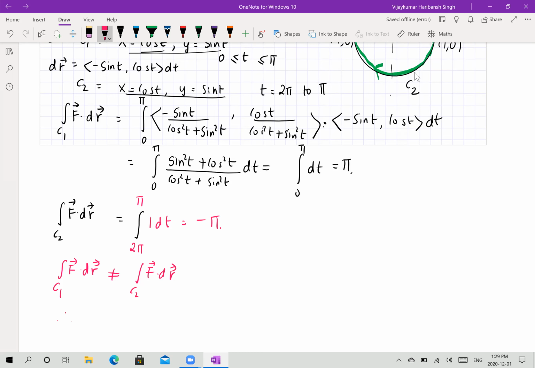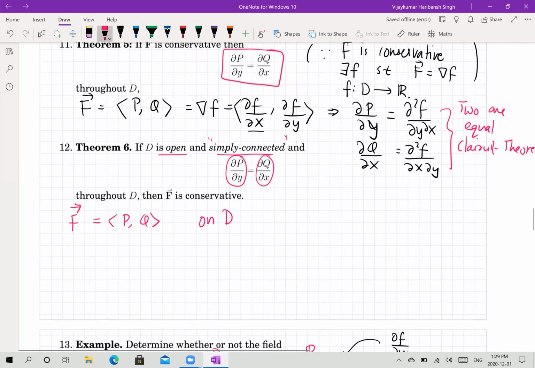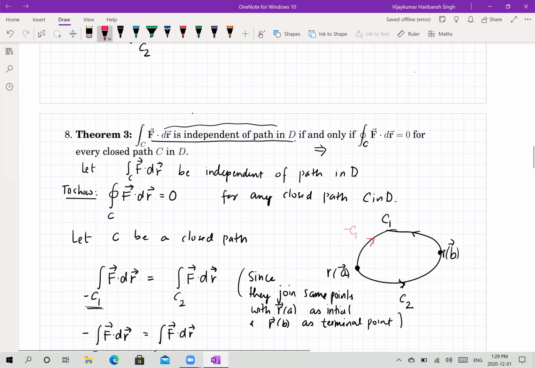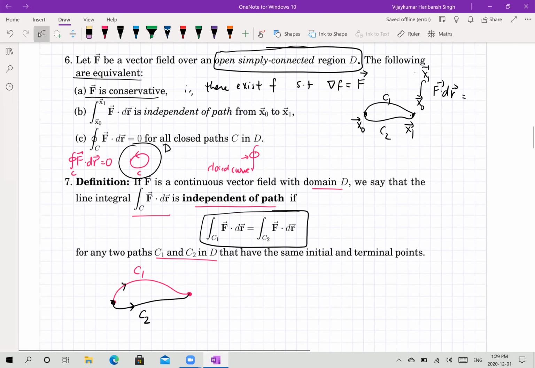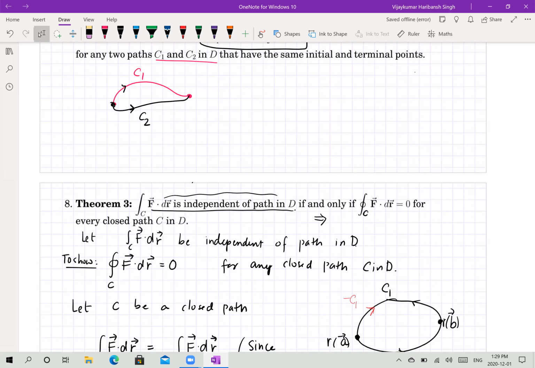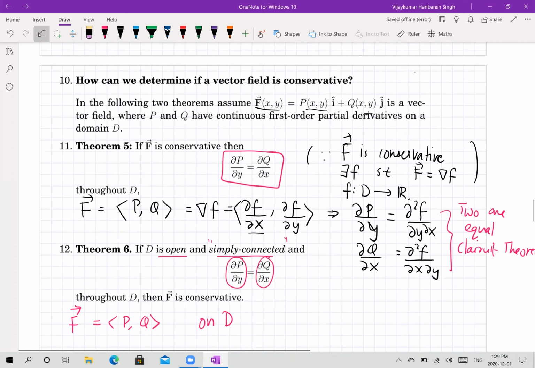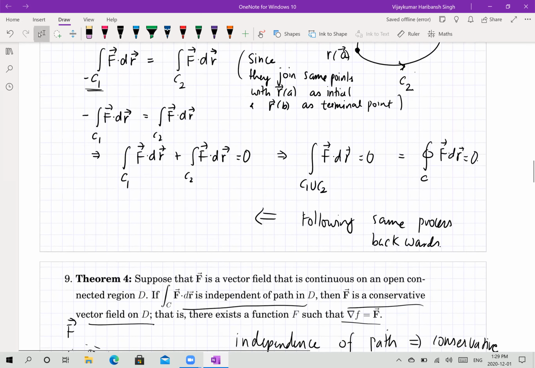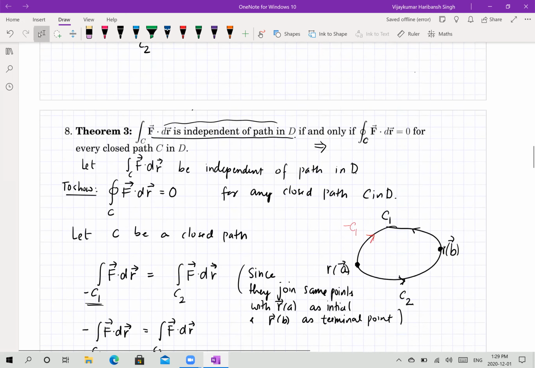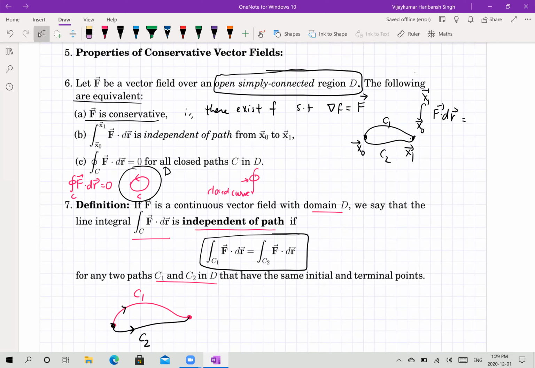Now, does this give a contradiction? And the answer is no, right? Contradiction to what? Look at theorem 6 again closely. If you look at the theorem, if F is conservative, then it is independent of the path.